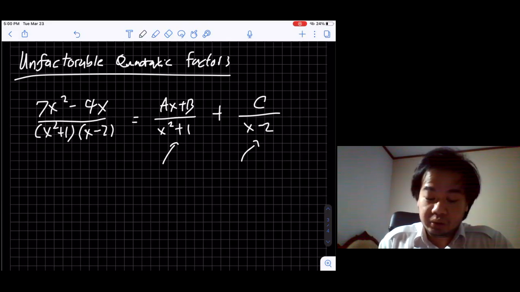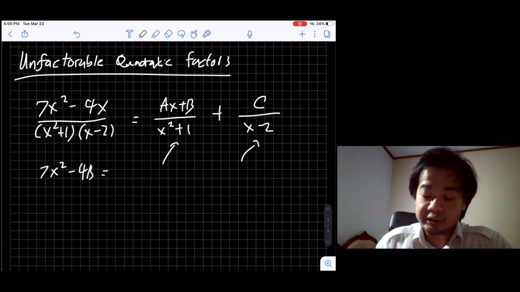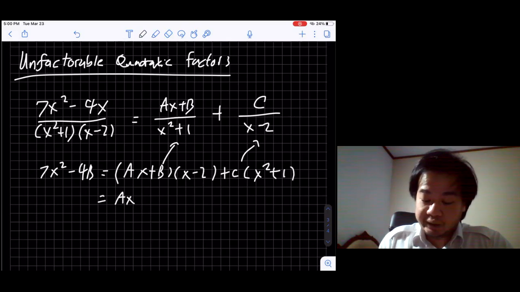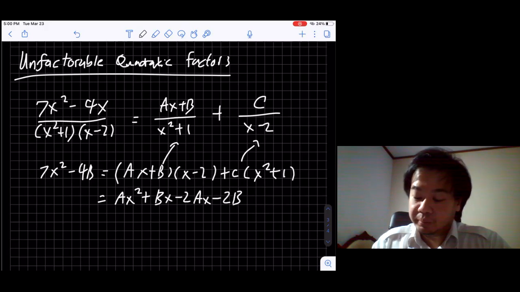You just need to find the A, B, C. So let's perform the addition of your fractions: ax plus b times x minus 2, plus c times x squared plus 1. It's equal to ax squared plus bx minus 2ax minus 2b plus cx squared plus c.